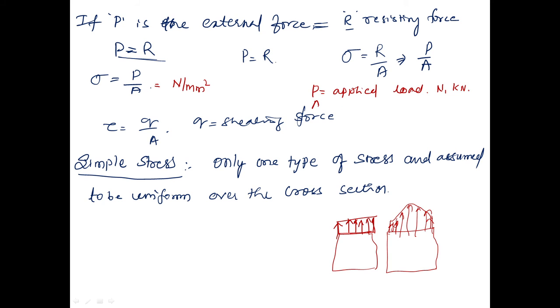A is the cross sectional area, so it may be in terms of mm square or meter square. So now the unit of stress is Newton per mm square or Newton per meter square or kilonewton per meter square.